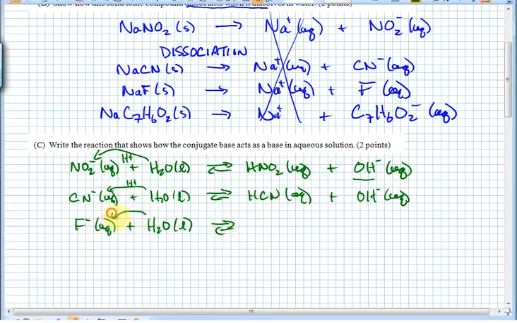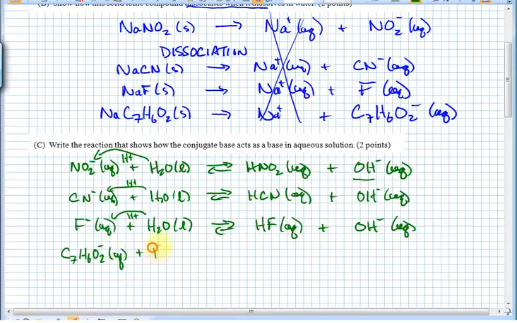Hydrogen ions get transferred from the water to the weak base, forming hydrofluoric acid, the conjugate acid, and hydroxide. Finally, our benzoate ion. Don't forget that negative charge. Reacts with water, again accepting a hydrogen ion to form some benzoic acid and hydroxide. All right.